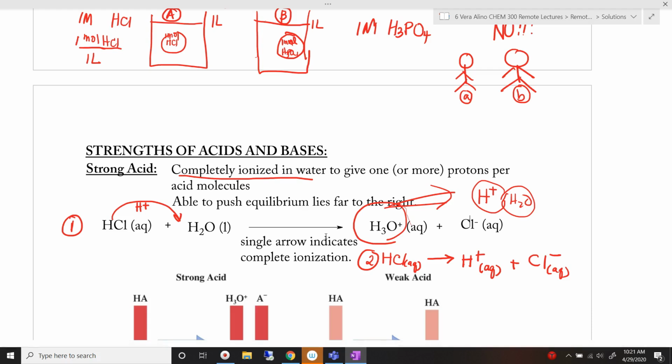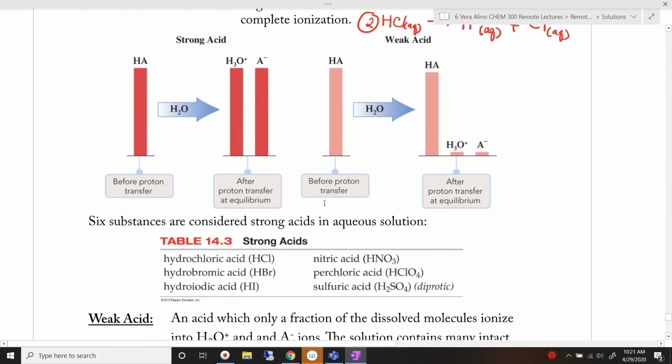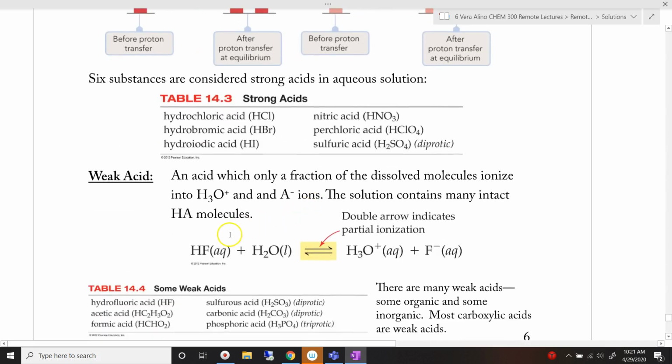Now for a weak acid, that's not the case. I mean, it is, but not really. So I'll explain more. For a weak acid, for instance HF, when you put it in water, there's really a proton transfer happening. It breaks apart into hydronium ions and fluoride ions. However, notice this double arrow.